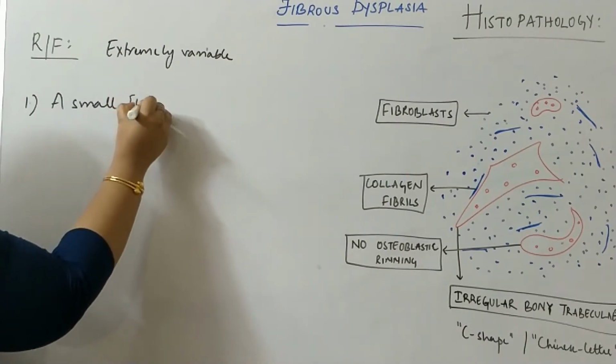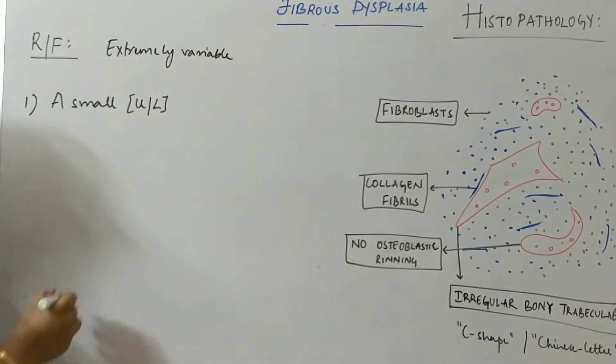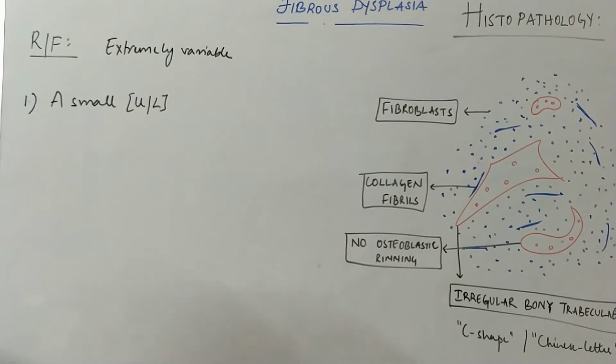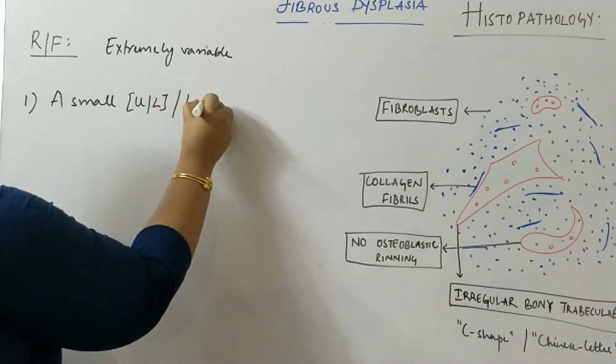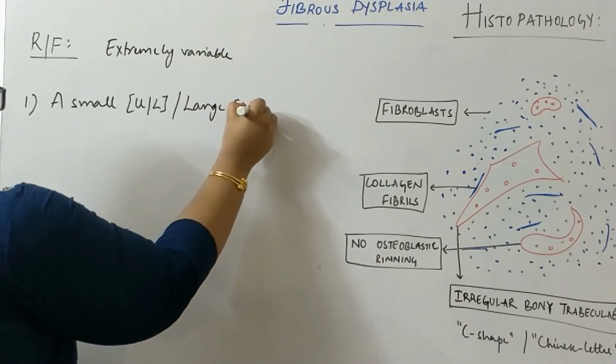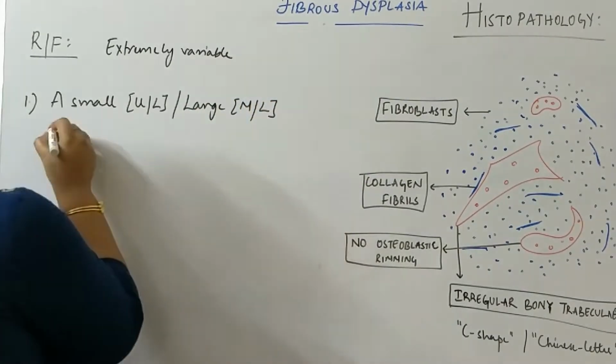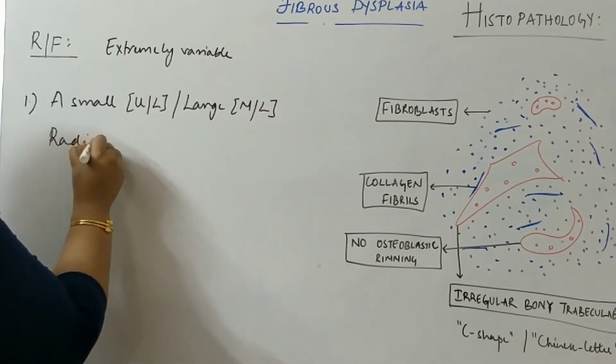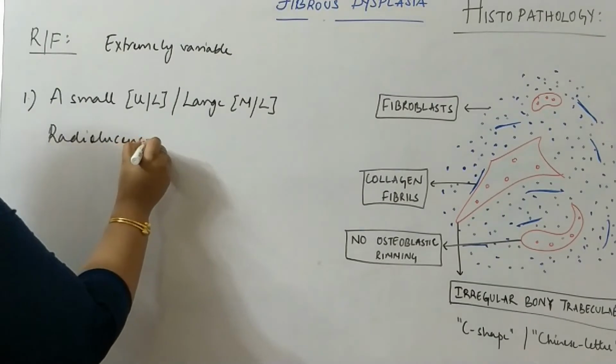If small, it will be unilocular, and if it is a larger lesion it will be multilocular. Radiolucency will be seen because resorption has taken place.